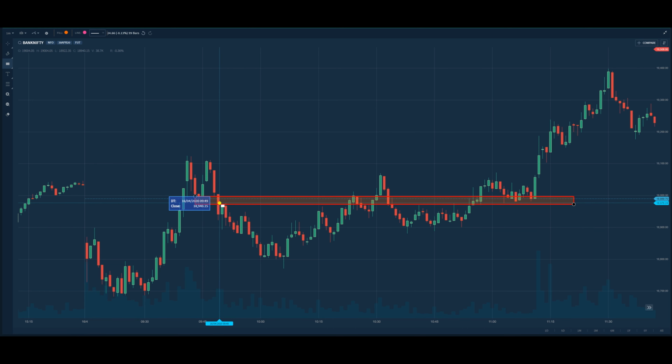I'm not saying that is wrong, but for me to get more confidence, what I usually follow is, even if a candle closes below this line, I'll wait for a candle to close below this line also as a confirmation. So any decision I take for shorting or buying, I take a confirmation before I make a decision.